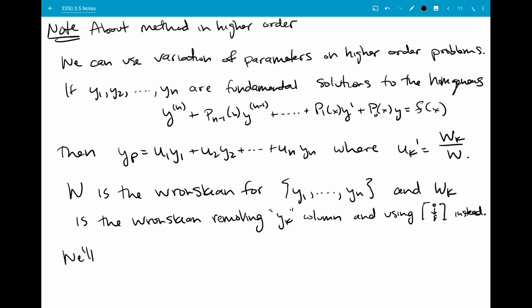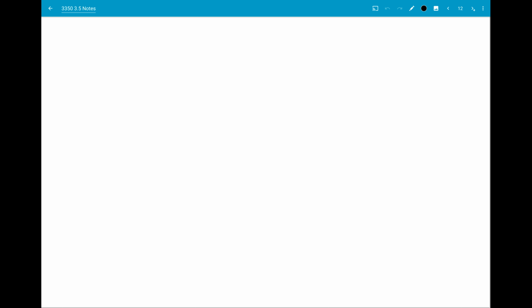And we'll just look at the third order example to make that a bit more concrete. If you're interested in using this at higher orders, you can follow those rules to make it happen. But I'm just going to give you third order variation of parameters right here.